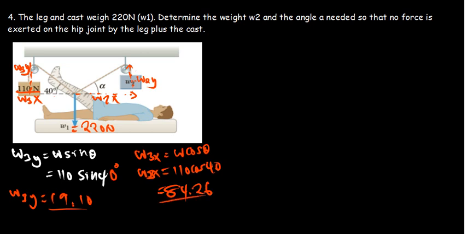Now what we need to understand is that this object doesn't move, it is at equilibrium. So when something is at equilibrium, we need to get all the forces acting on it. As we can see, we have the forces in the y direction and the forces in the x direction. The other one is going to be W2 cos alpha.